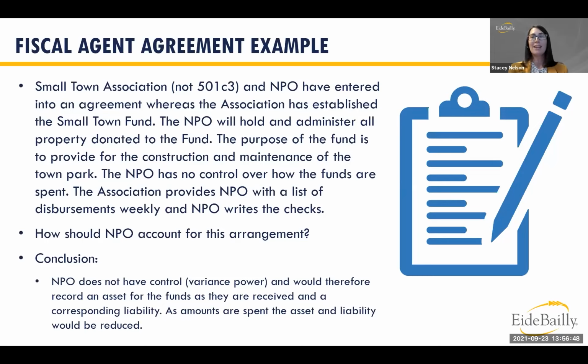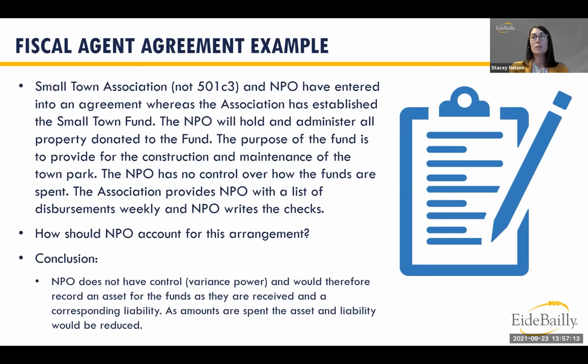Well, kind of the key thing in the wording above is that the nonprofit has no control over how those funds are being spent. So the conclusion is they do not have variance power, and therefore they would not be recording the revenue and expenses. They're going to record an asset for those funds as they are received and a corresponding liability. And then as the amounts are spent down, they're going to reduce the asset and the liability.